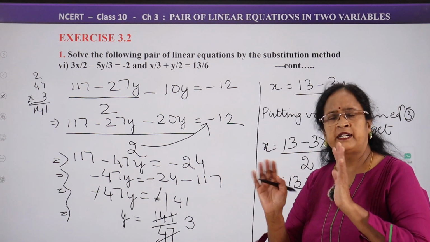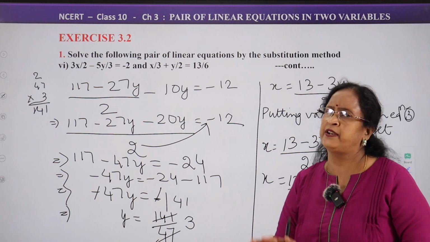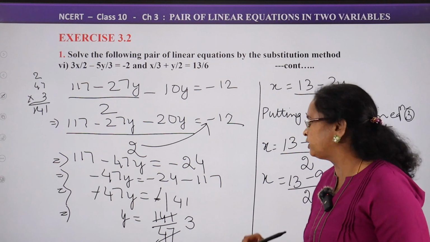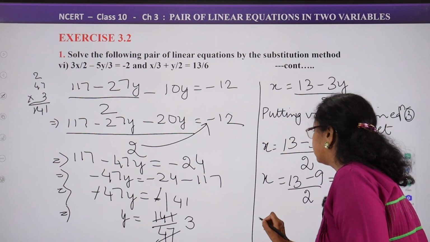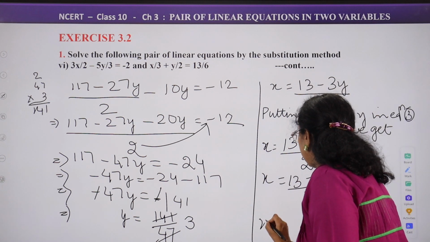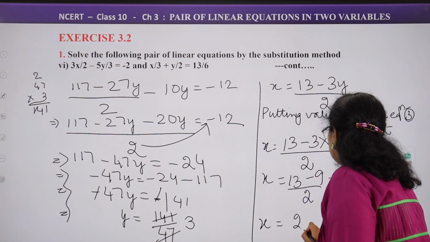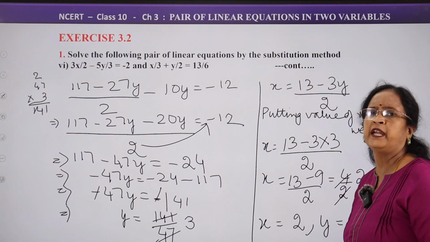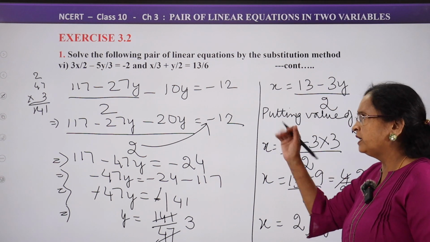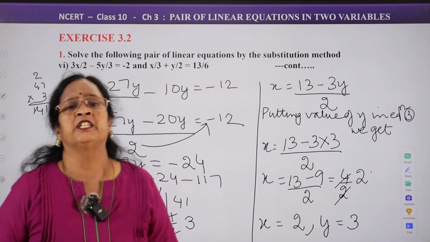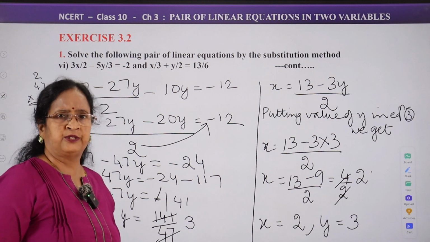Though you have done completely the value of x and value of y you have got, but it is compulsory to write the final answer as, because it is given solve. So, final answer as x is equal to 2, y is equal to 3. So, this is the way we solve when we get the coefficients as fractions.